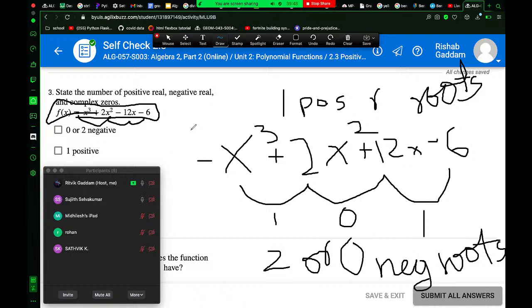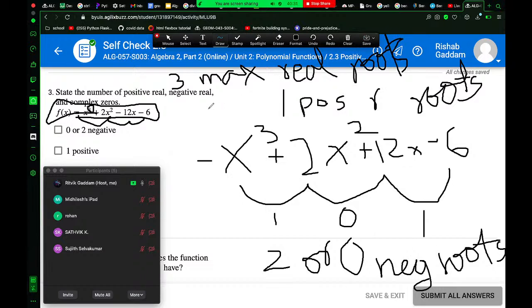Okay, so the degree of this function is 3 because the highest exponent in this function is 3, right? So you have 3 as your max real roots.